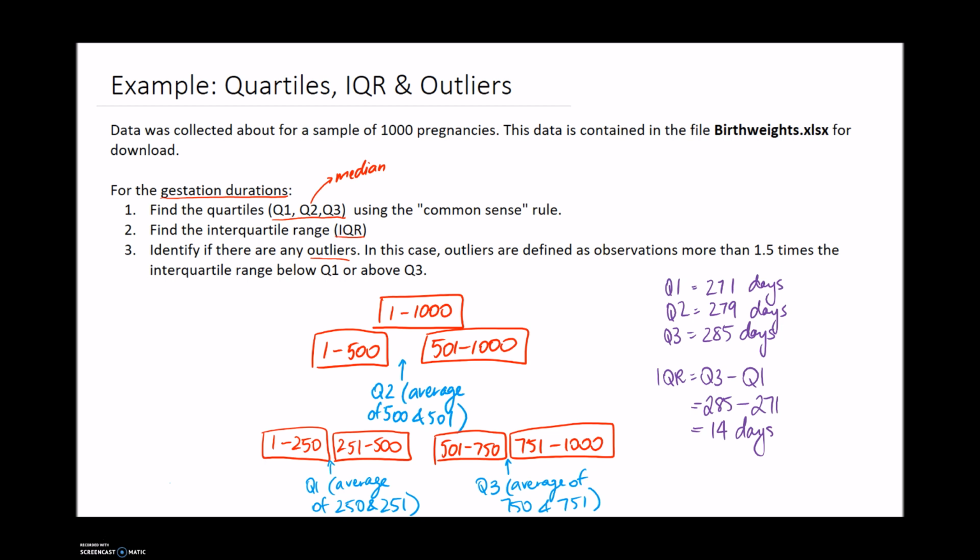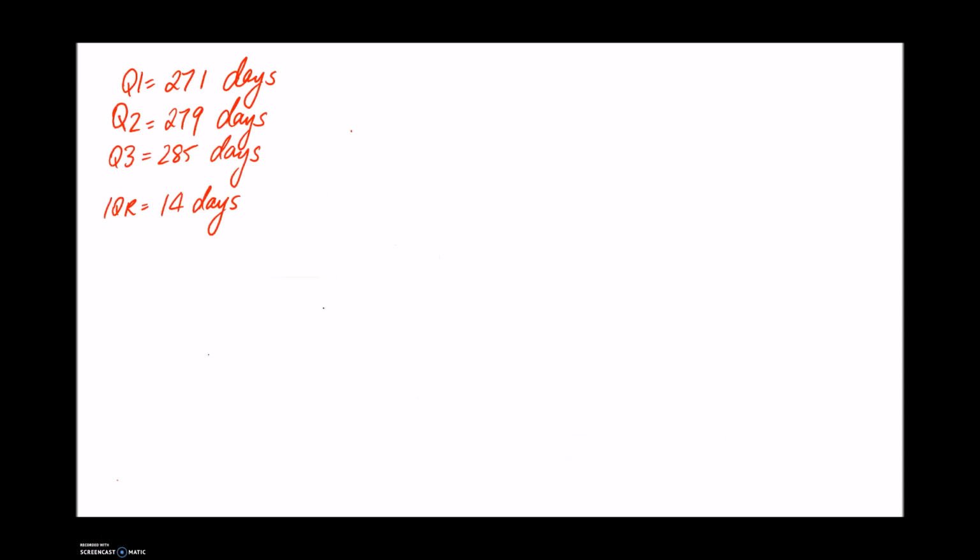The last part here is identifying the outliers, and we've been told that outliers are defined as observations more than 1.5 times the interquartile range below Q1 or above Q3. If I move on here, I've recorded all those values that we just found, and I'm going to try and draw these out a bit more visually. Let me start off by drawing a line, and this is going to represent all the data in our spreadsheet for gestation times.